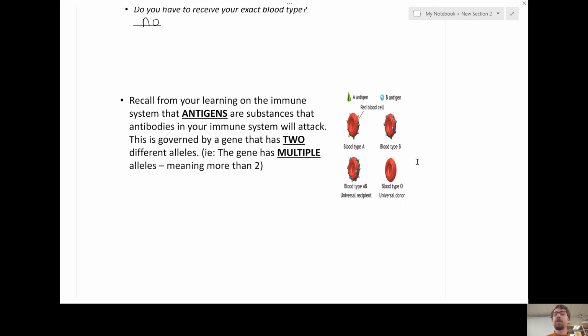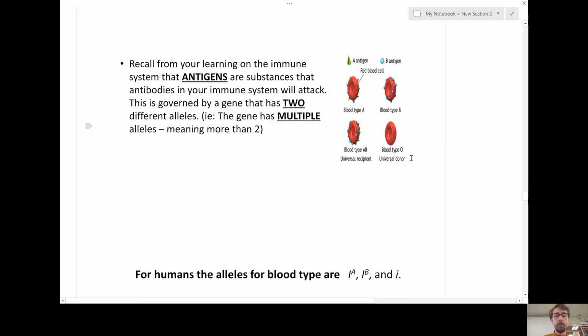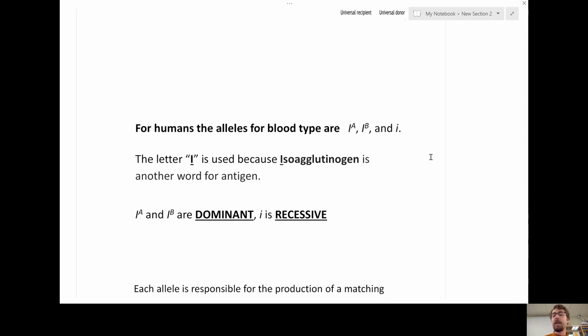So an antigen can trigger a response by antibodies. With blood, there's 2 different genes that govern blood types. Possible blood type alleles can be listed as IA, IB, or a lowercase i.